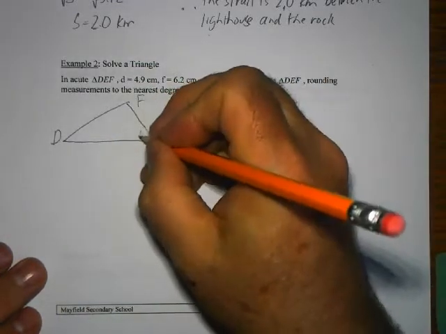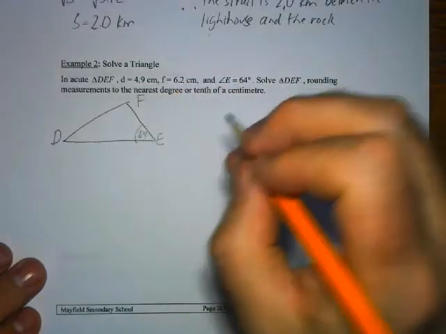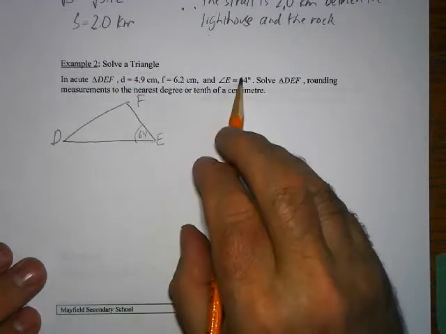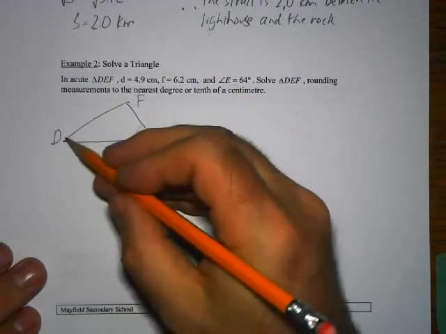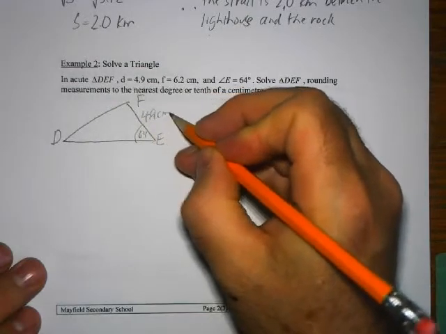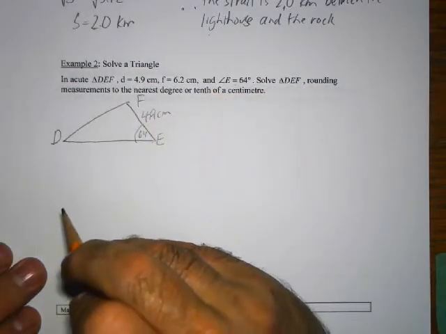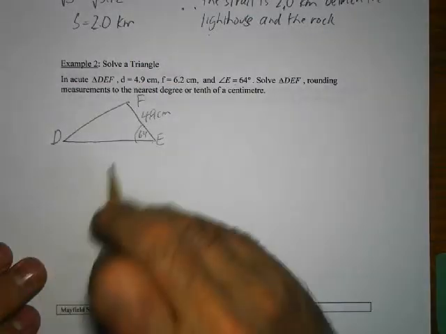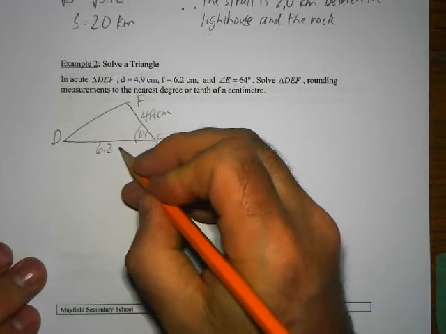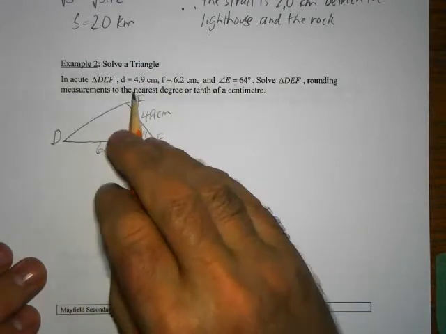It's definitely not unrealistic. So we know angle E is 64. We know side D, so D is across here. So D is 4.9 centimeters. And we also know that F is 6.2 centimeters. Okay, and that's all we know.